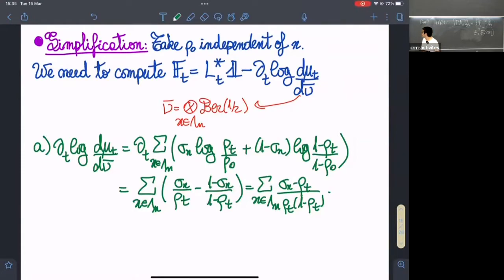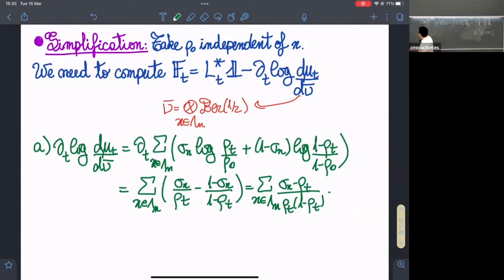Sorry, I was just wondering if the reference measure is Bernoulli a half or Bernoulli the target density or something. Okay, yes. So yesterday, if you remember, I told you that the reference measure mu bar doesn't really matter, because at the end of the day, F_t does not depend on that. So here you put whatever is the easiest for you.